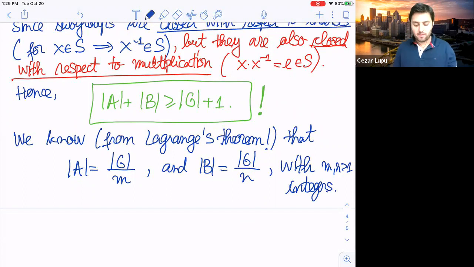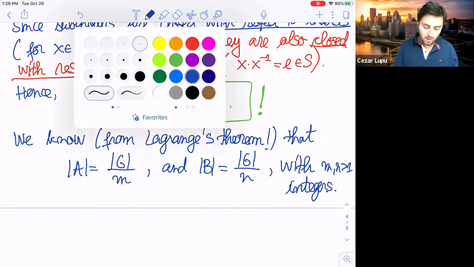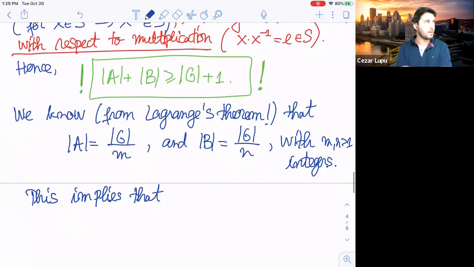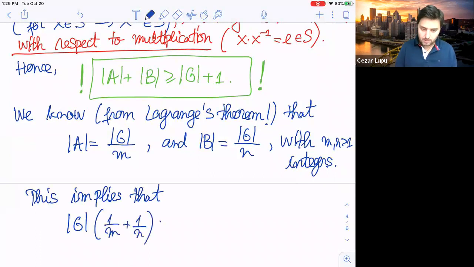And now let's put everything into this inequality here. Let's put everything together. So this implies that the order of G times (1 over M plus 1 over N) is greater or equal than the order of G plus 1, right?